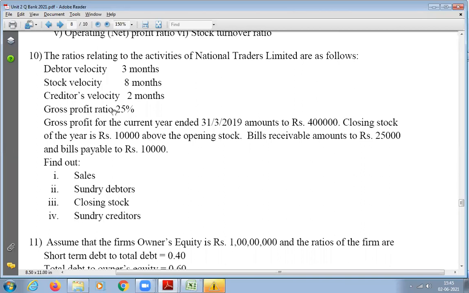Closing stock is 10,000 above opening stock. Okay, but how much is the opening stock? We have to find that one, sir. How to find? Sir, we can apply the stock turnover ratio formula. What is the formula you're going to use?